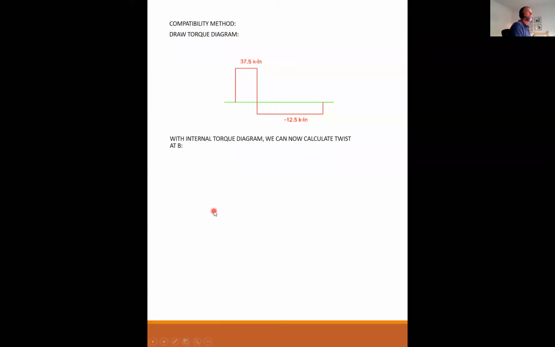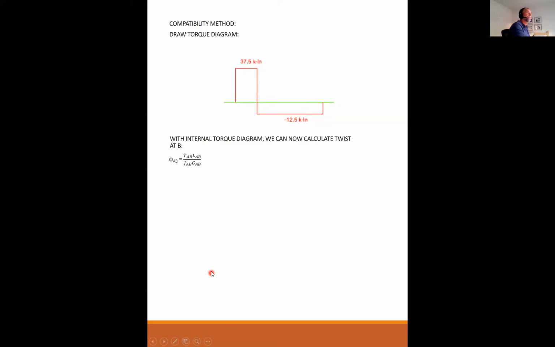With the internal torque diagram, we can now calculate the twist at B. And I say we can now calculate the twist at B because we can look at the diagram and say, oh, from A to B is a constant 37.5 kip inch. And from B to C is a constant minus 12.5 kip inch. So we can visually confirm what the torque is over each of these segments.